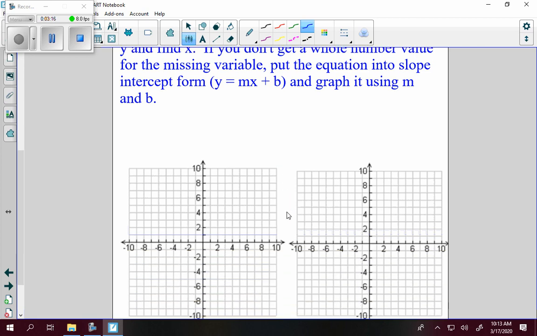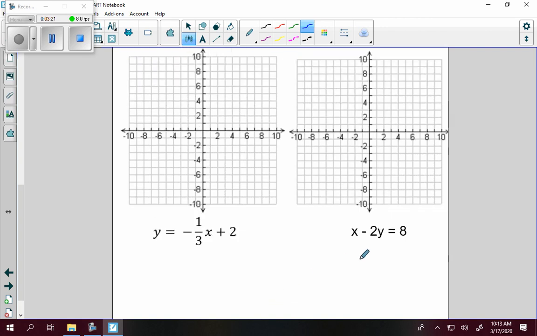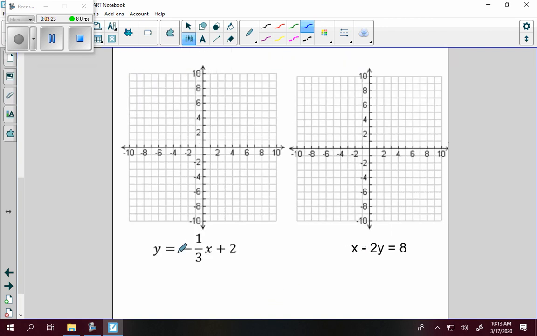So what we're going to do first is, if we look at this graph, this is in y equals mx plus b form, where my b is 2, which is your starting point on my y-axis. Since it's your y-intercept, it's going to cross the y-axis at 2, and that's where we're going to start.